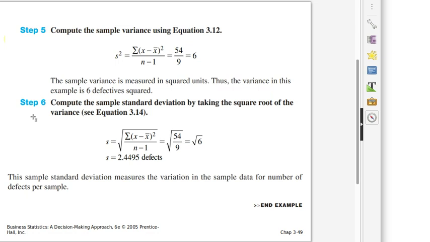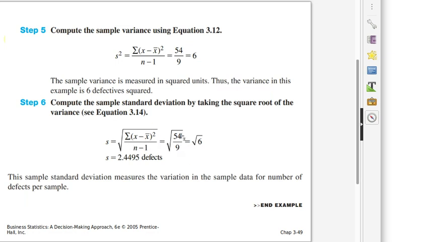In step 6, compute the sample standard deviation by taking the square root of the variance, which is equation 3.14, which is this.